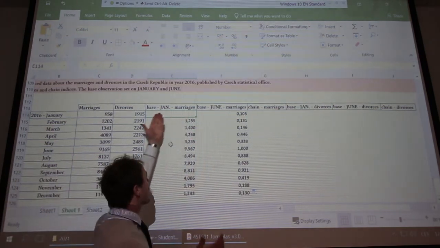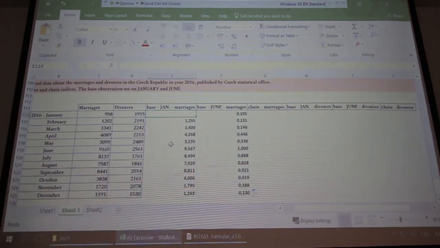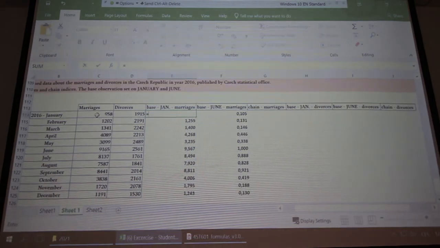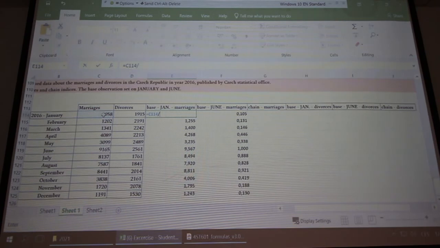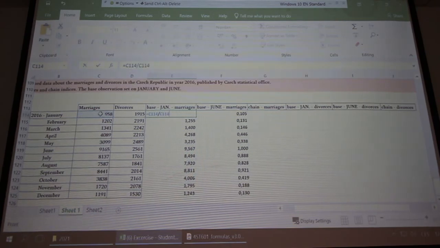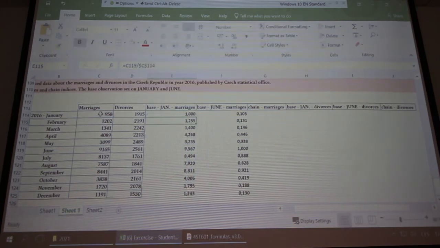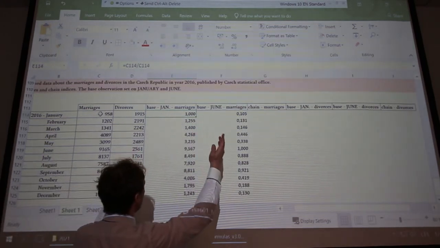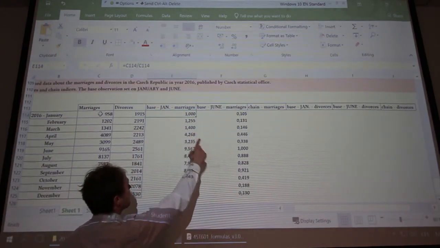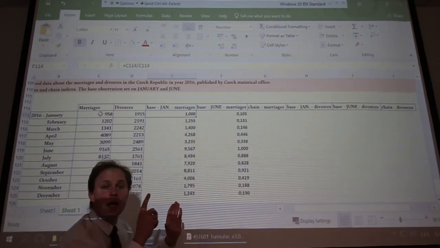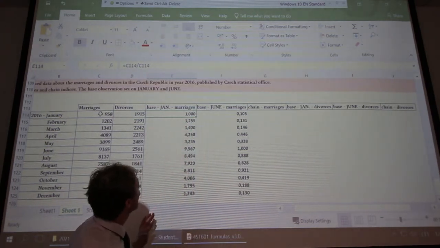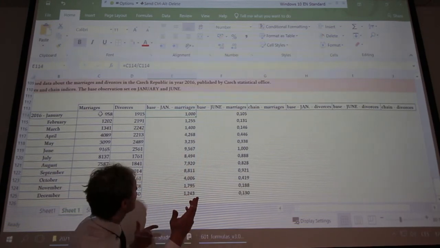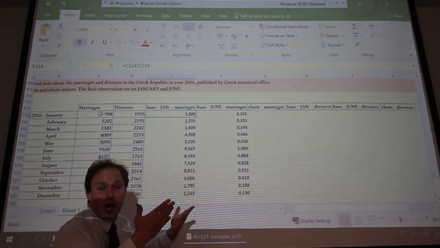So also it's possible to calculate here the ratio of marriages in January and marriages in January, 1.000. Yes, it's possible. Value 1. If you see the value 1, you can identify, for example, the base, or you can identify that nothing changed.